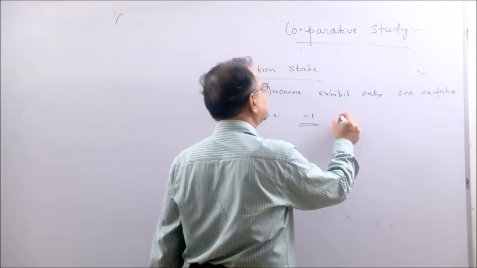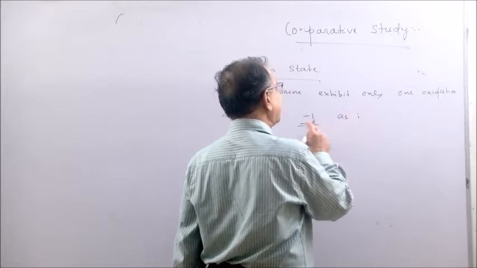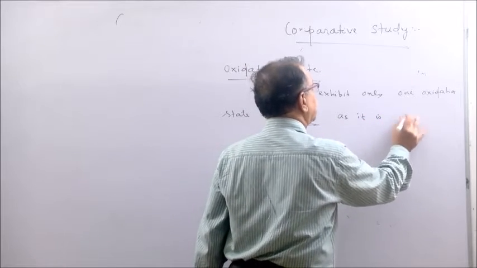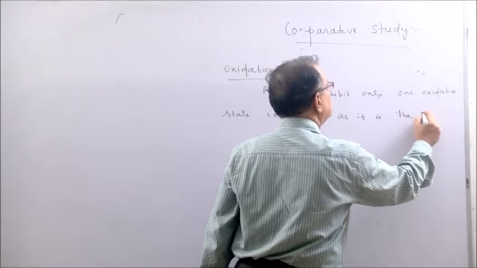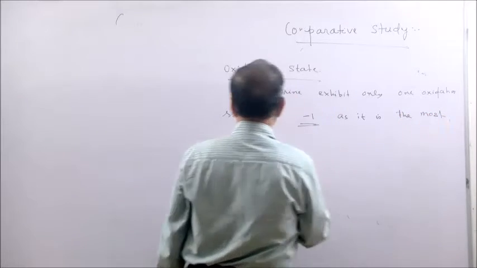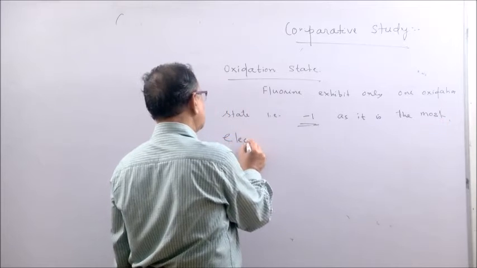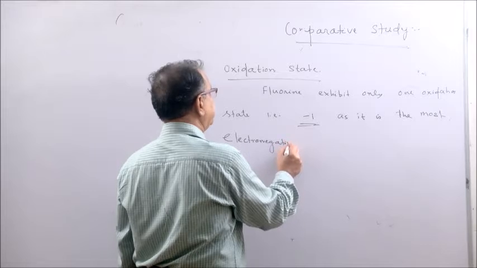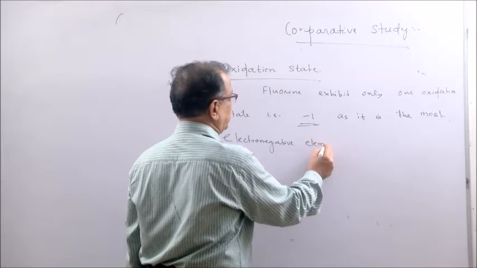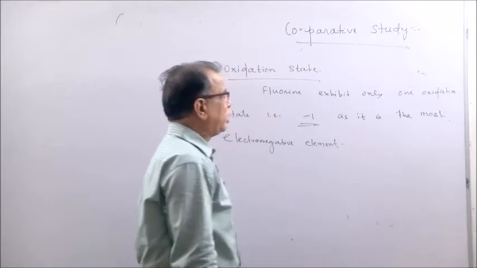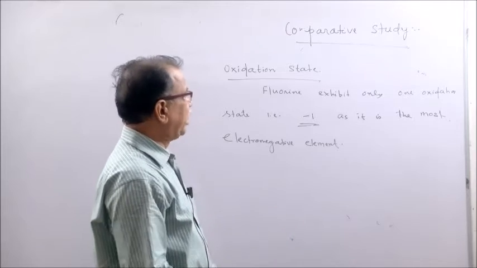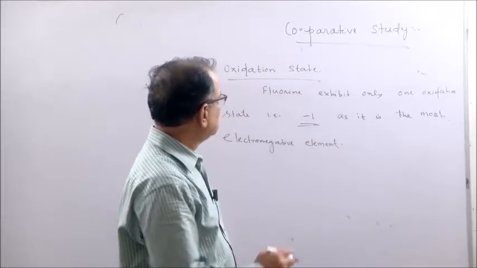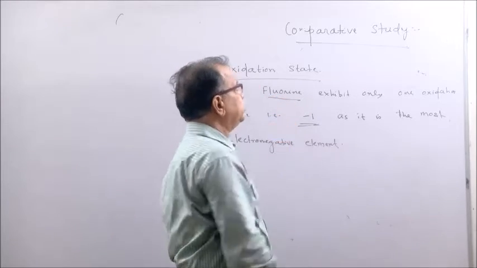As it is the most electronegative element. If asked which is the most electronegative element, you have to answer that fluorine is the most electronegative element in the periodic table.